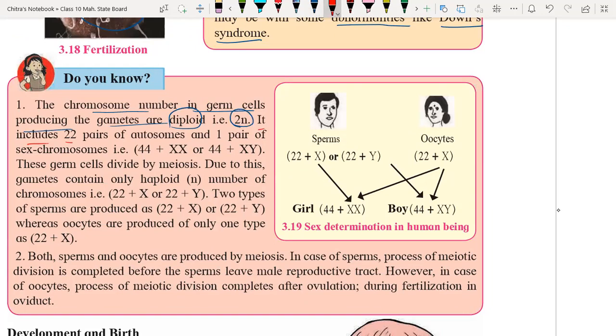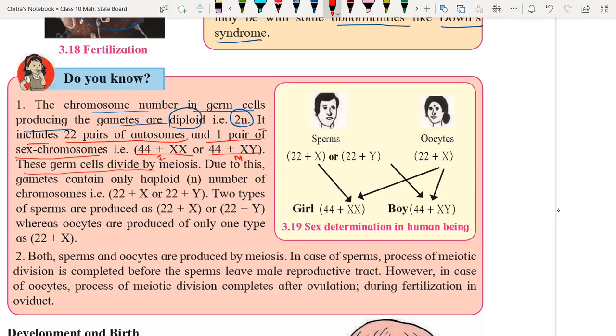It includes 22 pairs of autosomes, which are responsible for secondary characters, and one pair called the sex chromosomes, which is responsible for deciding the sex of the person, whether boy or girl. So 44 plus XX is for female and 44 plus XY is in case of male.